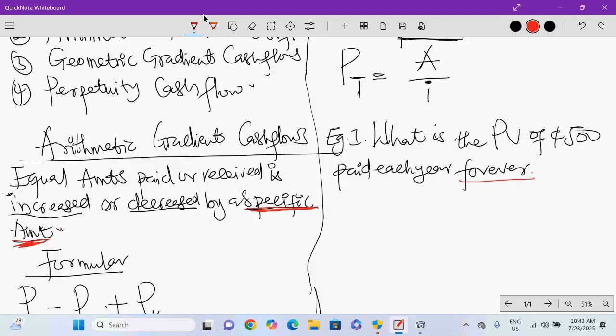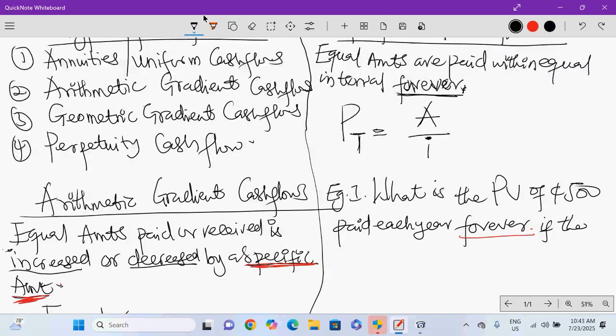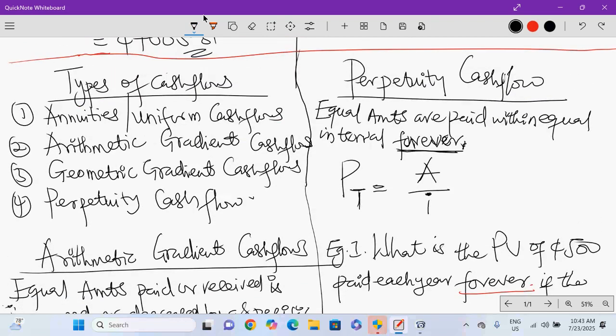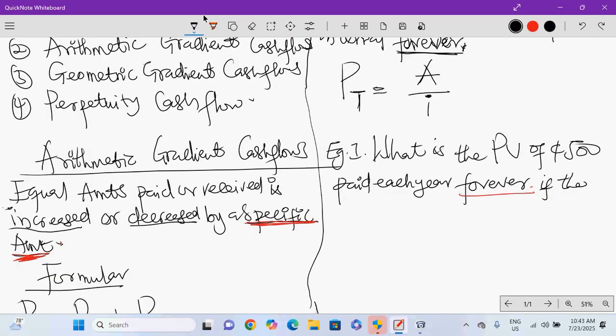You are paying it forever. That is the perpetuity. So the perpetuity has the simplest formula, A over I. That is all. So you cannot get a perpetuity question wrong. But that has the cheapest or the easiest formula, right?